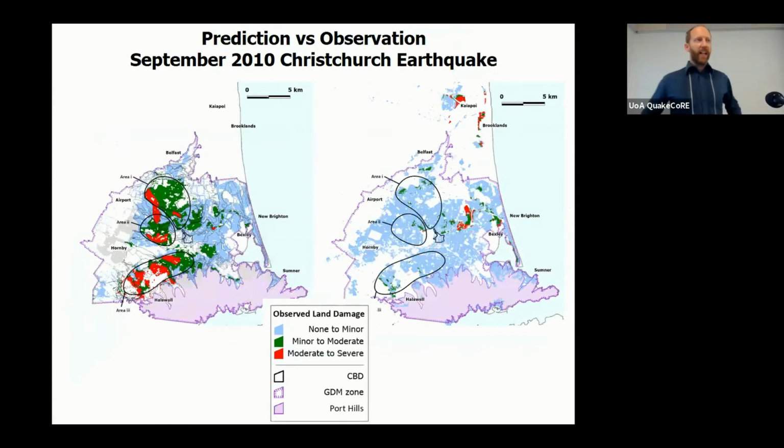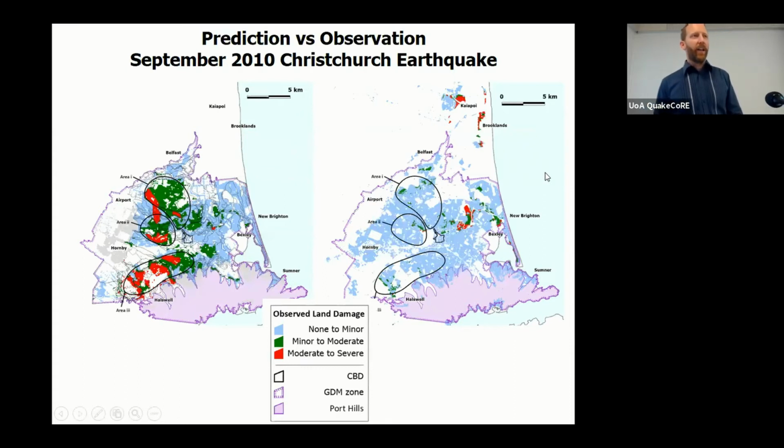So if we apply those procedures that I just went through to the September 2010 earthquake, we can see on the left-hand side the liquefaction that is being predicted across Christchurch, and on the right-hand side is the liquefaction that actually occurred.